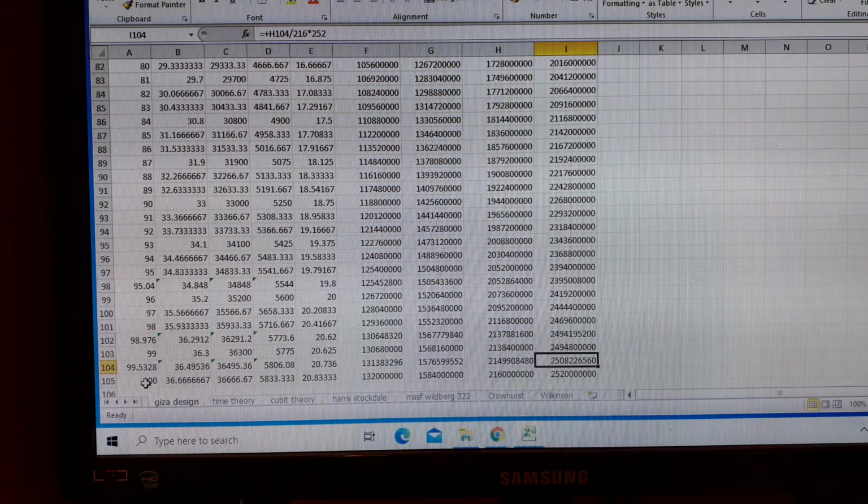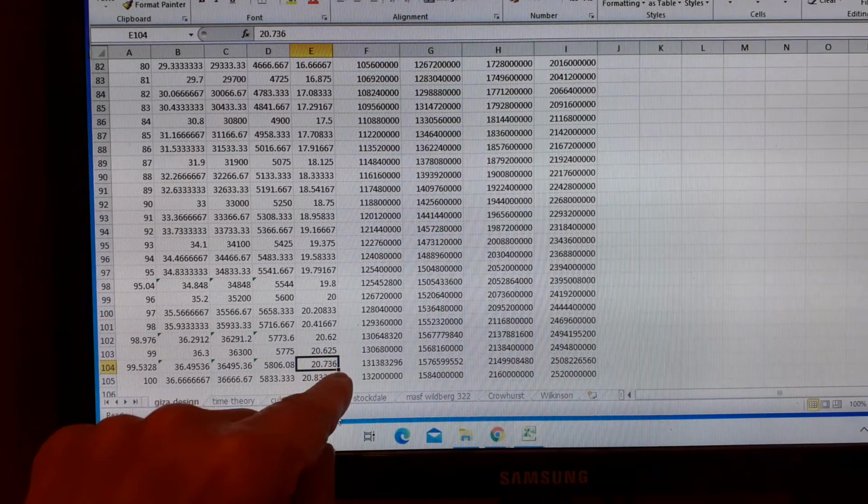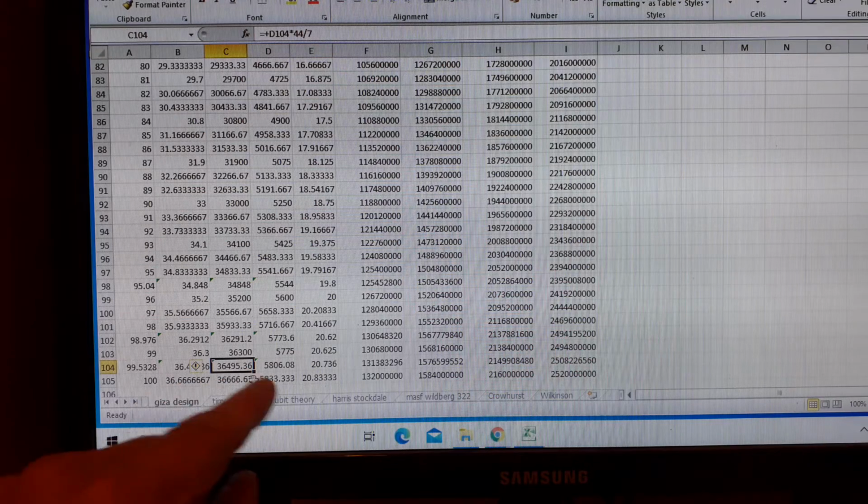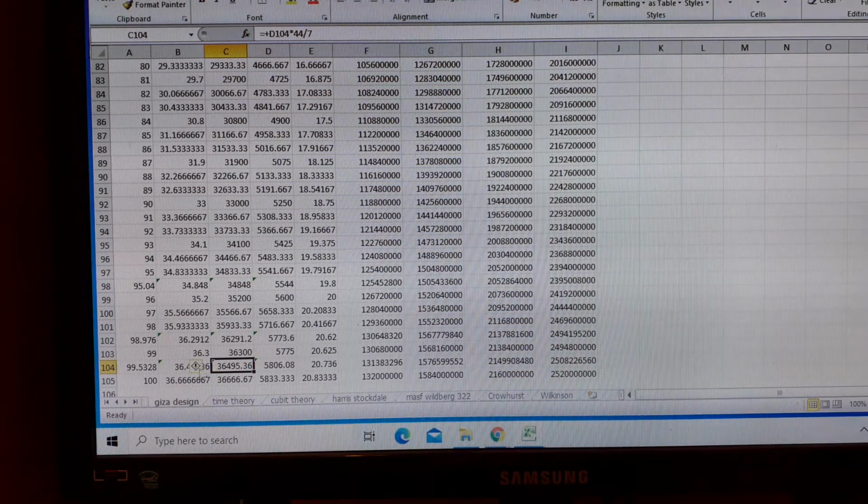And the way that I've done this is I've gone backwards on this line. Instead of just starting with 100 and working across, multiplying everything out, I've put the cubit in there first. So that's what I've built up from. Then I multiply it by 280 to get the height. And then I've got the base by multiplying the height by 44 over 7.